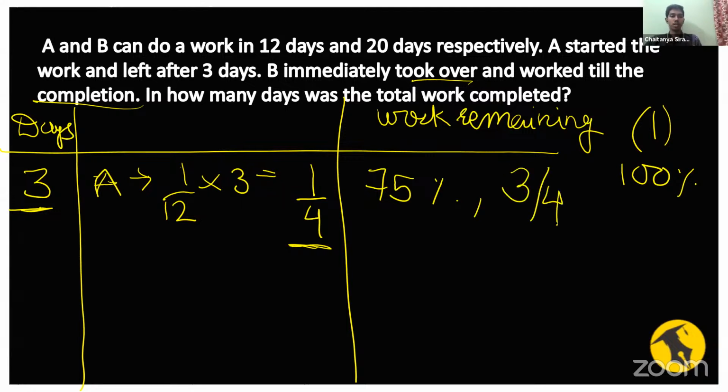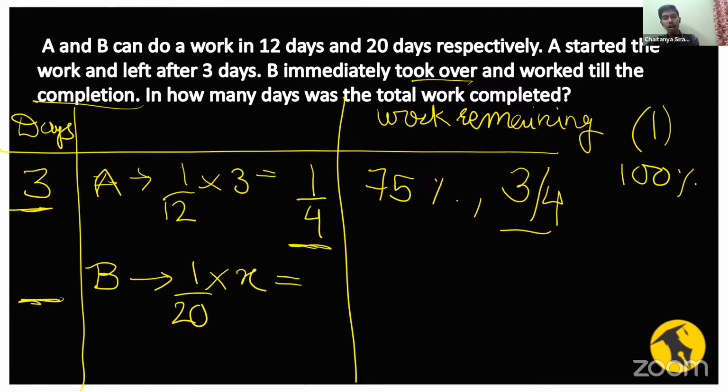Now B takes over. Now I don't know how many days B works. B works for a few days and his efficiency is 1 by 20. He works for, let's say, X days, and he has completed the whole work. It's written he worked till completion. So the work he has covered must be 3/4, and at the end the work remaining will be 0.